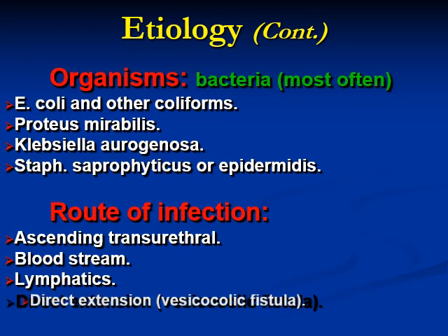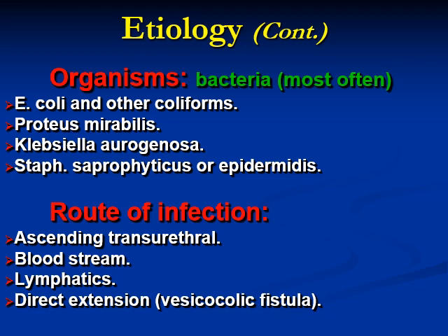Acute pyelonephritis is most often caused by bacteria, the most common of which is the Escherichia coli. But when the infection is due to instrumentation of the urinary tract, or it is associated with an anatomic abnormality of the urinary tract, other organisms might be found, such as the Proteus, the Klebsiella, the Pseudomonas, the Staph saprophyticus, or epidermidis.